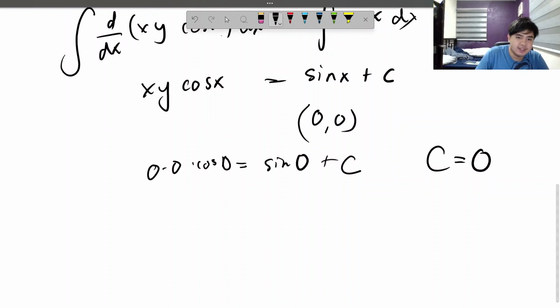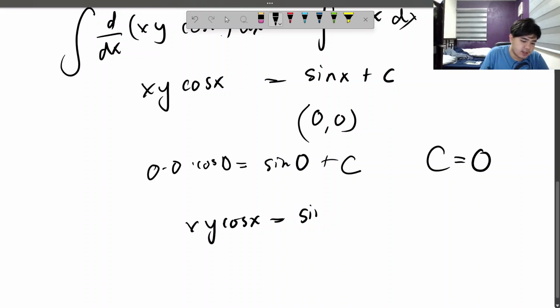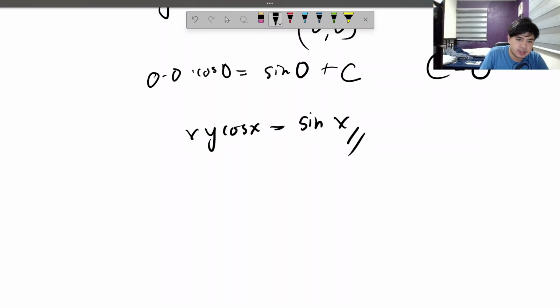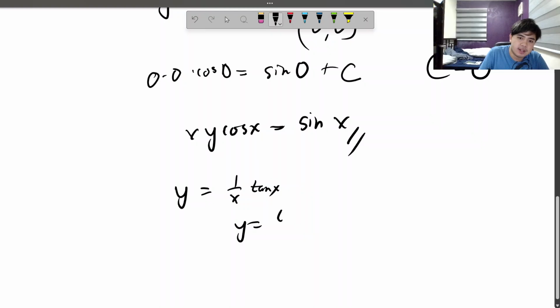So yeah, xy cosine x equals sine x. There you go. That could be your answer. Or if you want y as a function of x, y equals 1 over x times tangent x, or y equals tangent x over x. Wonder if they'll make an integral of that.